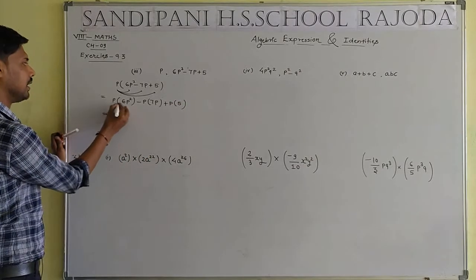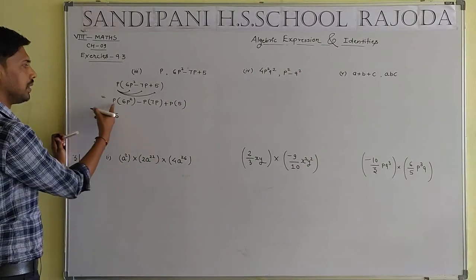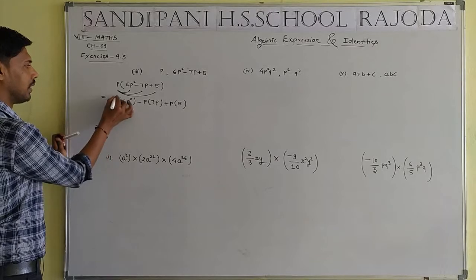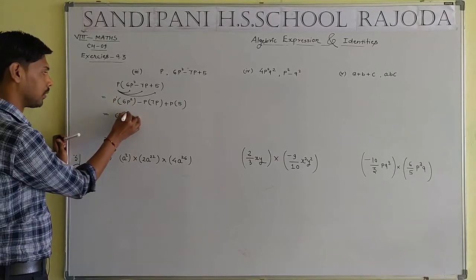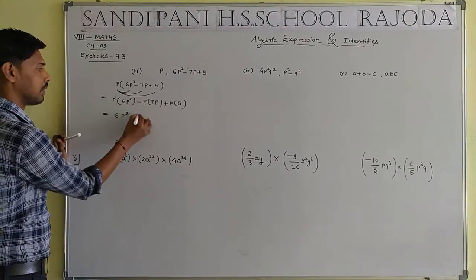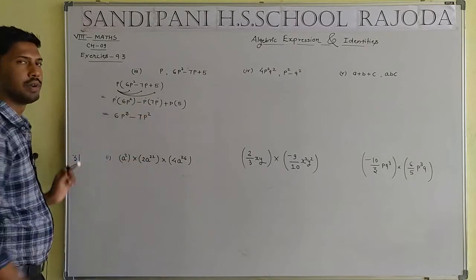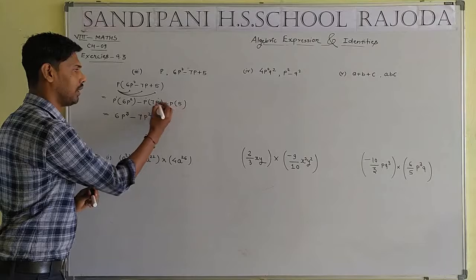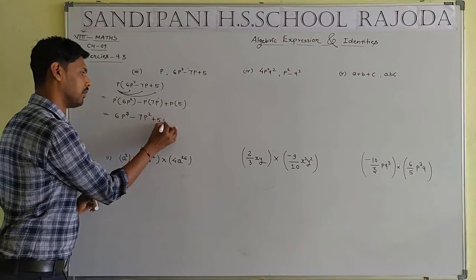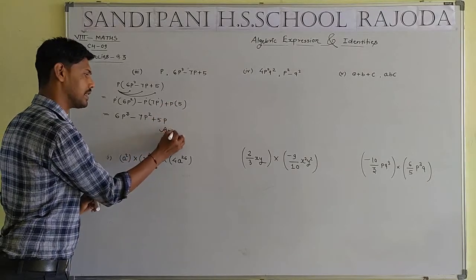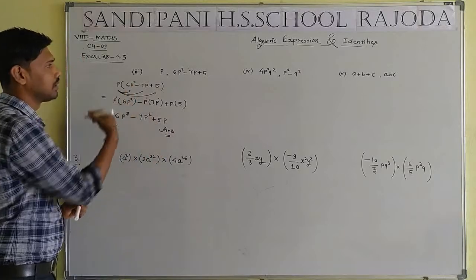Then we get 6 p into p to the power 1 and p to the power 2 will be equal of p cubed. 7 p to the power 1 and p to the power 1 will be equal of p to the power 2, and finally 5 into p will be equal of 5p. That is the answer for the question number third.